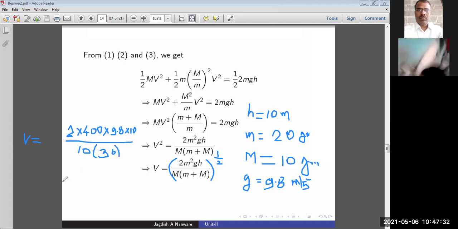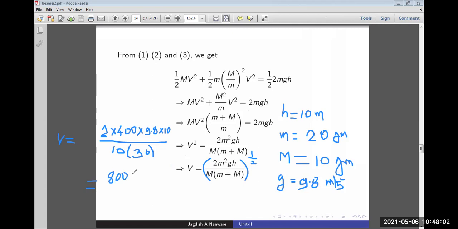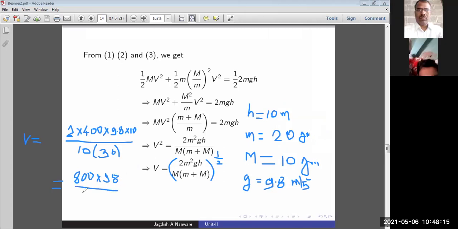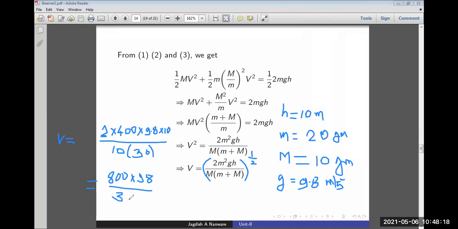And if we simplify further, this is 980, this is 2 times 400, 800 multiplied by 9.8 is 98, divided by 300.